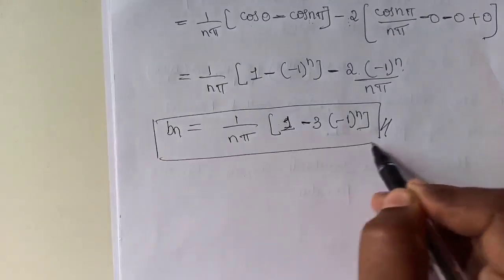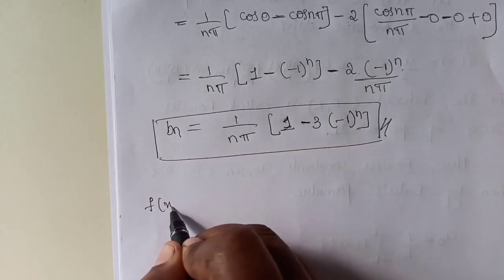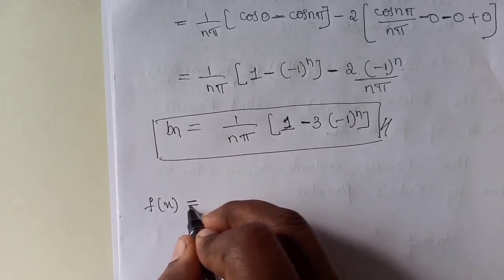Thus the Fourier series is f of x equals a naught, which is equal to 0.